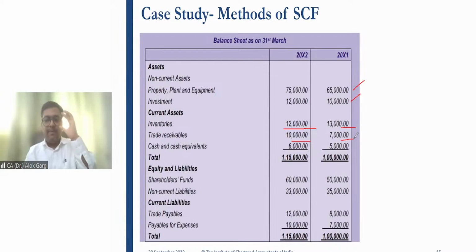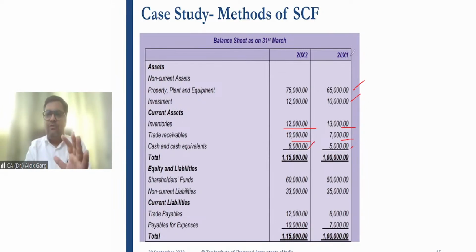First example, you remember? So we need to arrive at cash collected from the customer. My cash collected from the customer is collection out of the current period sales and collection out of the past period sales. Cash and cash equivalents was 5,000 and has become 6,000.